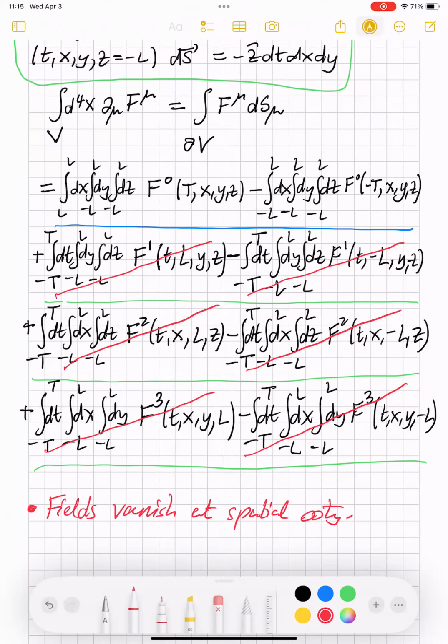Now, what about the two blue terms? Those are evaluated at the initial time and the final time, but any spatial location. There are situations where the field need not vanish at the initial time and the final time. A good example that we're about to see is for the Euler-Lagrange equations.